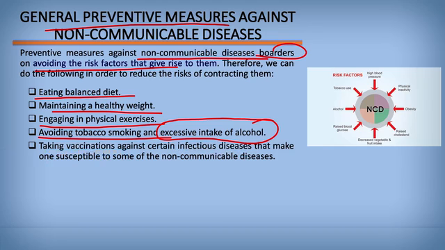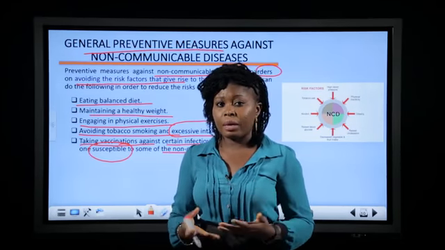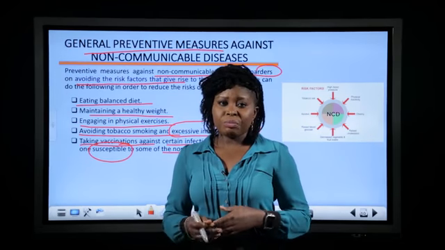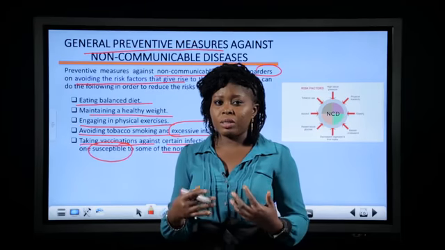Another preventive measure is taking vaccinations against certain infectious diseases that make us susceptible to some of the non-communicable diseases. Some communicable diseases, if we do not take vaccination against them, come and lower the immune system.